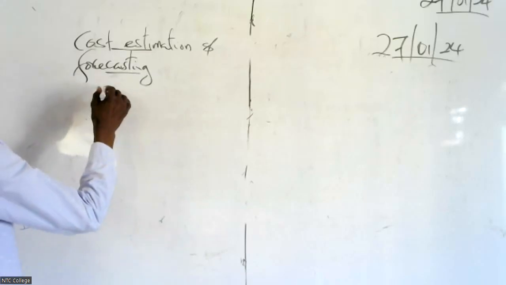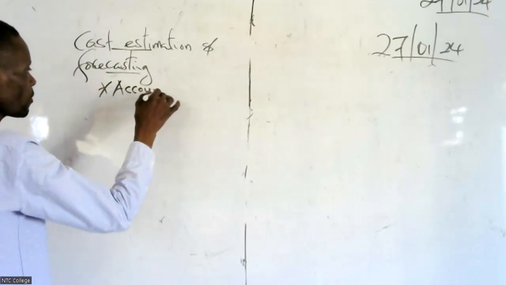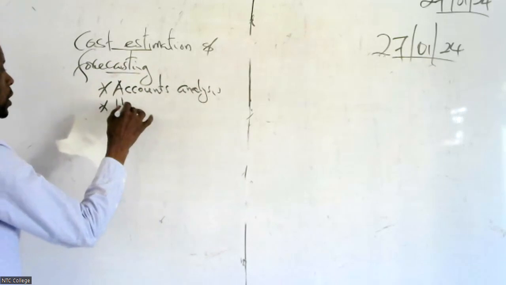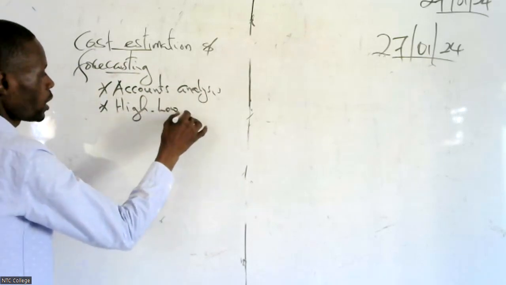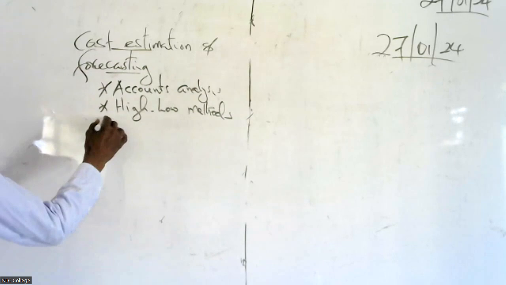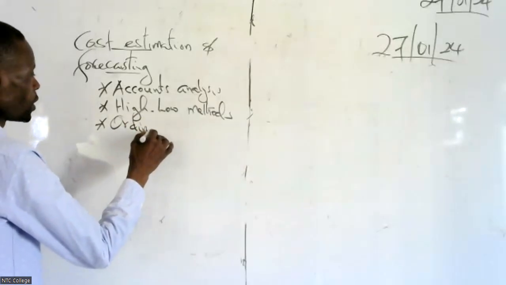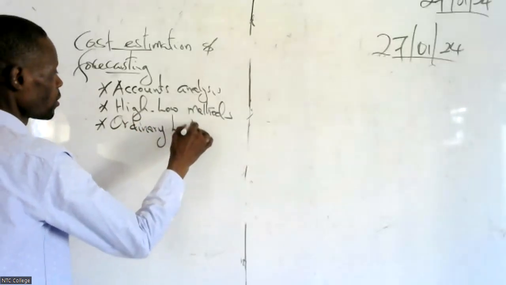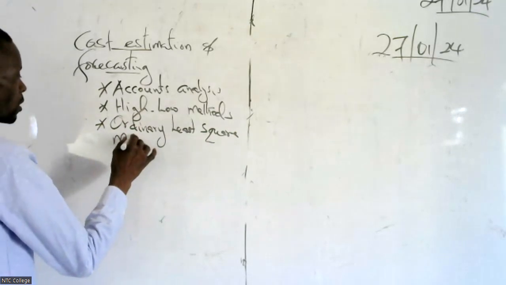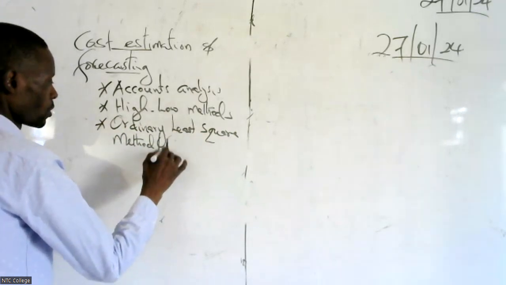You have already tackled this one, but the methods we will be using are accounts analysis, the high-low method, the one you encountered in QA and even in management accounting, and simple linear regression, also called the ordinary least square method.